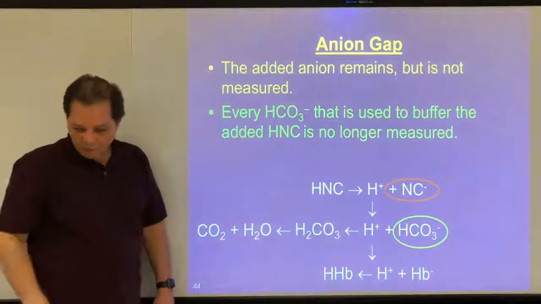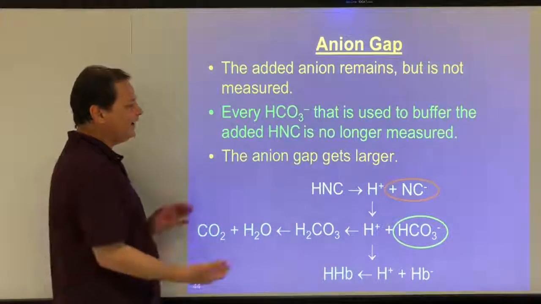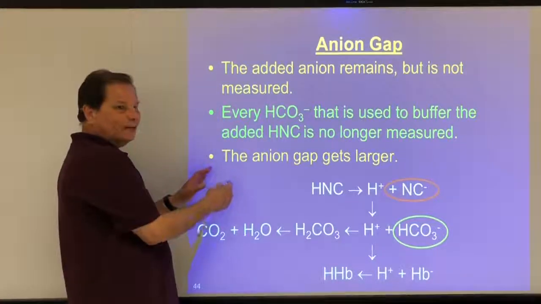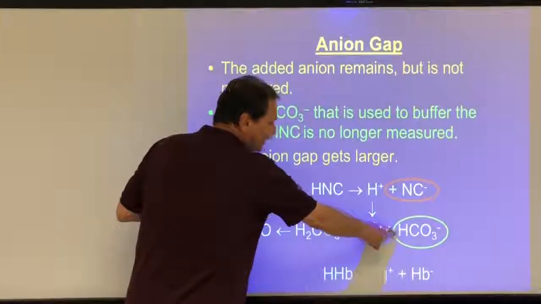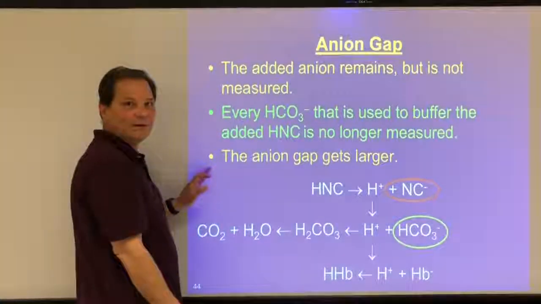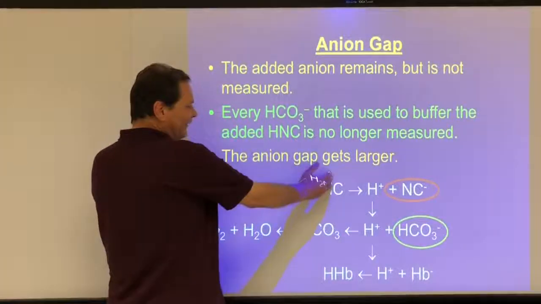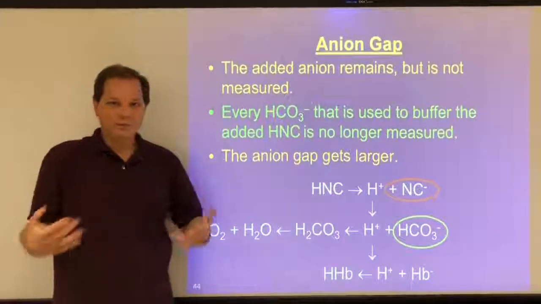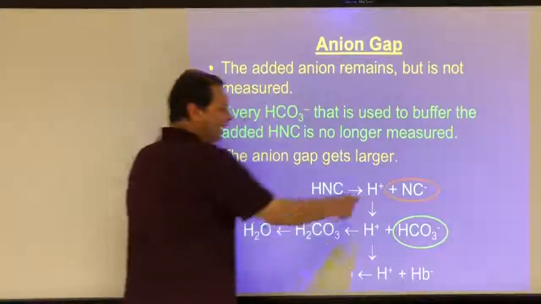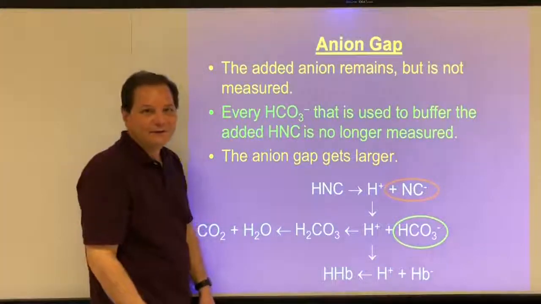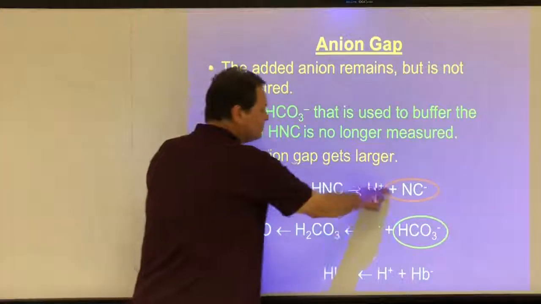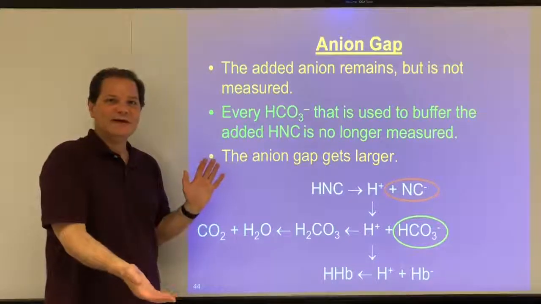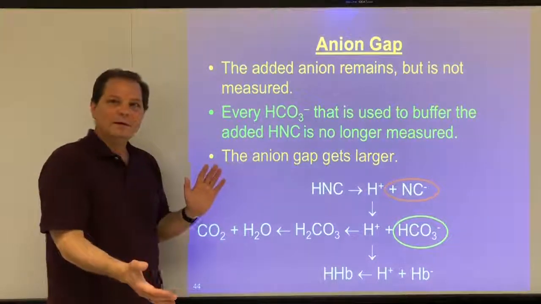What that means is that our anion gap is going to get bigger, because our anion gap was sodium minus the sum of the chloride and the bicarb. Well, my bicarb went down, it disappeared. So the apparent gap between those anions and sodium, our major cation, got bigger. Now notice that electroneutrality is still maintained because we did add our non-carbonic anion to the system. But this isn't measured. So the anion gap is a gap between the measured anions and our measured cation, sodium, and it got bigger when we added acid.